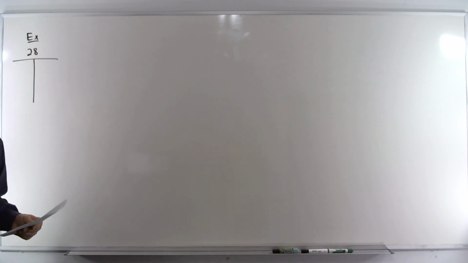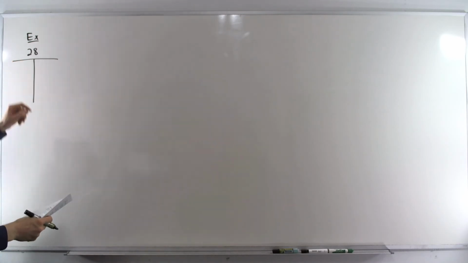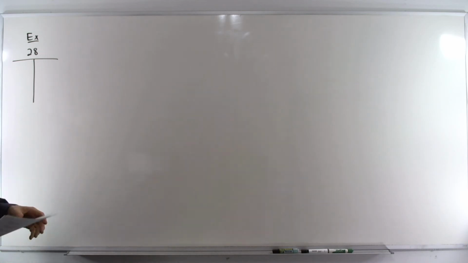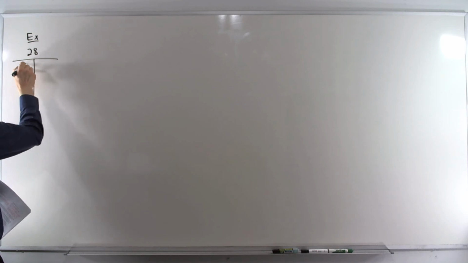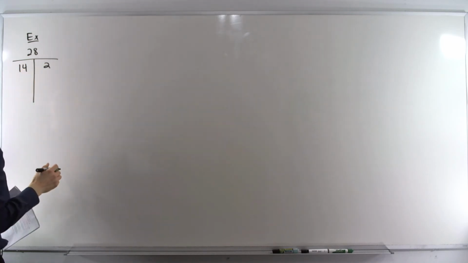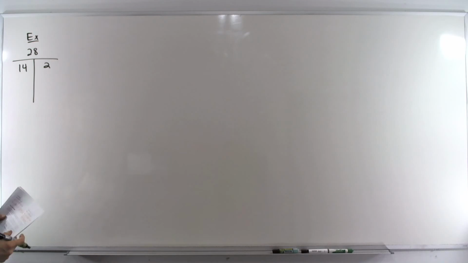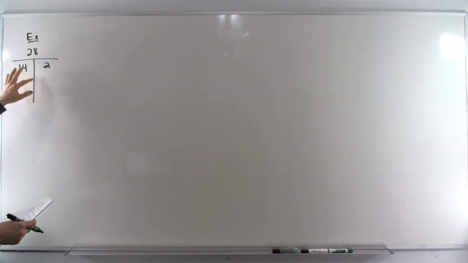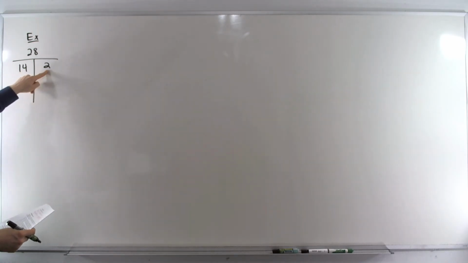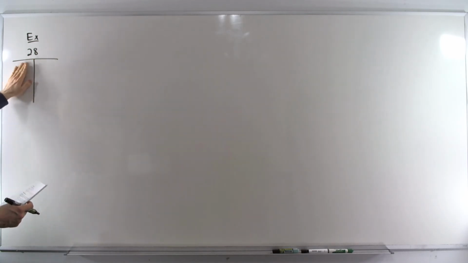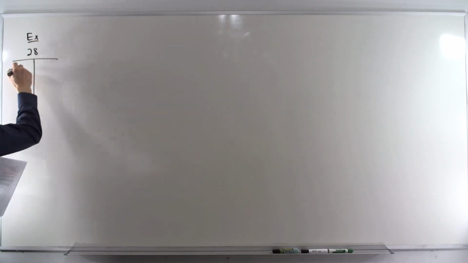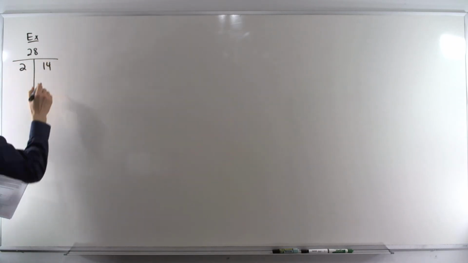So we'll divide if we can divide evenly by the first prime, which is 2. So 28 divided by 2 is 14. We'll divide, and it doesn't matter which column you put them in. I'm just going to divide here, put the primes here, and then put the result here. Or you can switch them. Doesn't really matter. You could put the primes on the left. Divide here, divide by 2 to get 14.